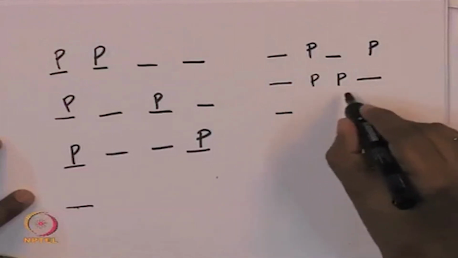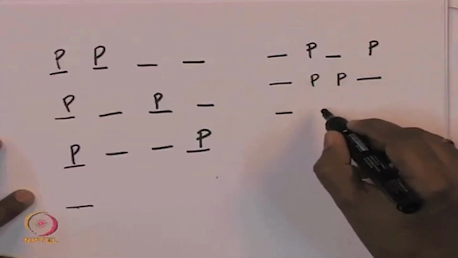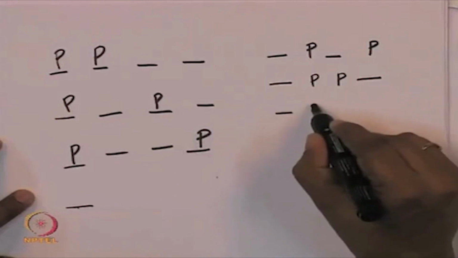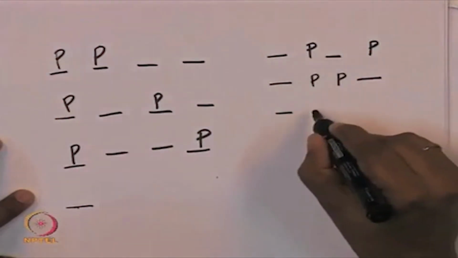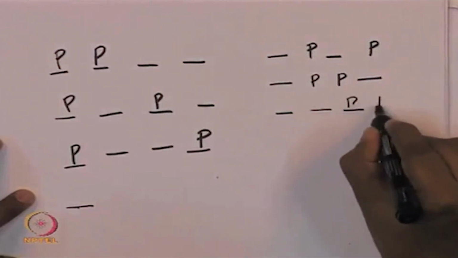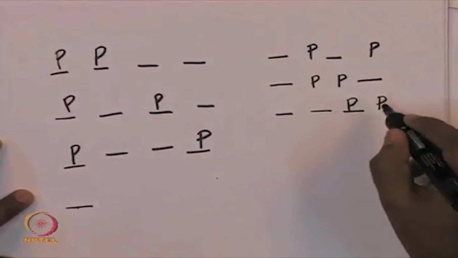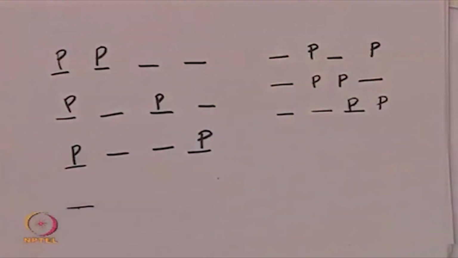So, there are 2 arrangements in this particular manner possible, and we already listed this PP arrangement. So, this is second, then you can have an arrangement which is this and this. So, we now had 1, 2, 3, 4, 5, 6 arrangements. Any other arrangement possible?